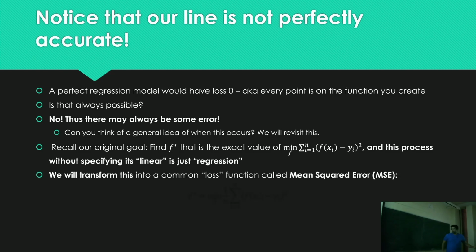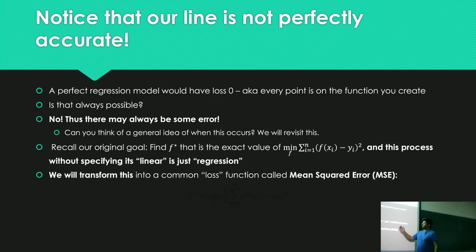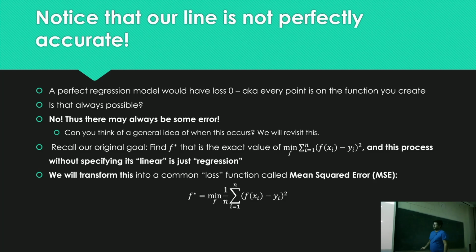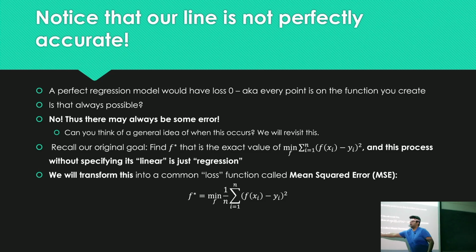We will transform this into a common loss function. Minimizing the sum of the squares of residuals is the same thing as minimizing the average of the squares of residuals. So the function f that minimizes this also minimizes 1 over n times the sum, because the sum is always greater than or equal to 0, and 1 over n is also non-negative.